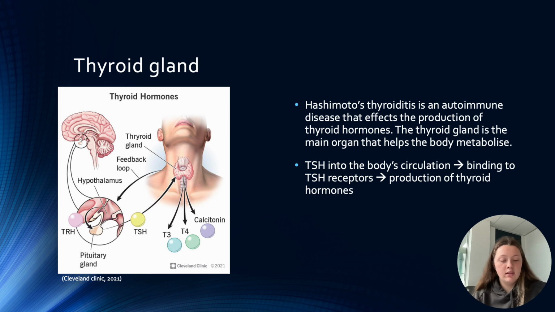This then binds to the cells within the anterior pituitary gland, causing the release of thyroid-stimulating hormone, or TSH. TSH is then transported into the body's circulation and binds to TSH receptors on the membrane of thyroid follicular cells. Following the signal from the hypothalamus, the thyroid begins the production of thyroid hormones.